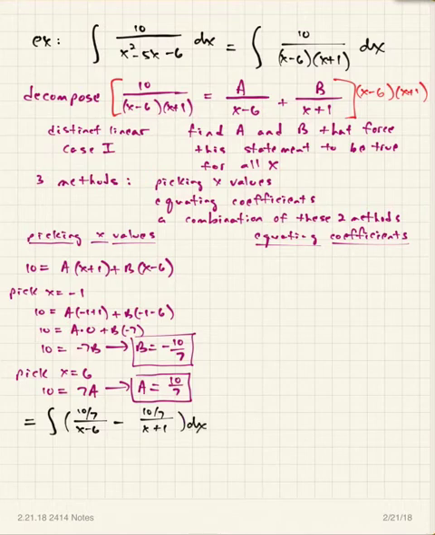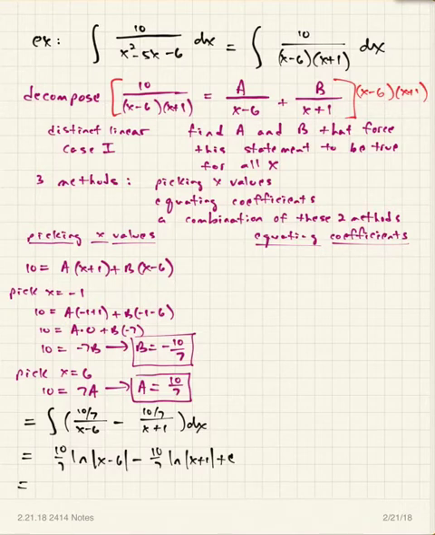And you've got du over u in both of those cases. The fractions are just constants that come along for the ride. And so in both cases, those are du over u. And so you have 10/7 natural log of the absolute value of x minus 6 minus 10/7 times the natural log of the absolute value of x plus 1, plus a constant.